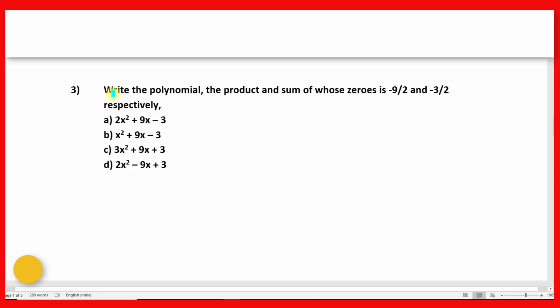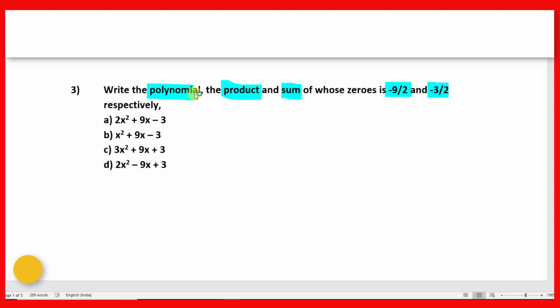Here is the next question. Write the polynomial, the product and the sum of whose zeros is minus 9 by 2 and minus 3 by 2 respectively. The product is minus 9 by 2 and the sum of the roots is minus 3 by 2, and we have to write the polynomial. So friends, here we will write it.